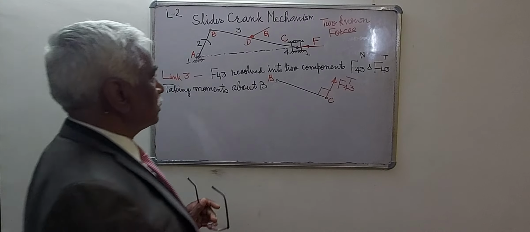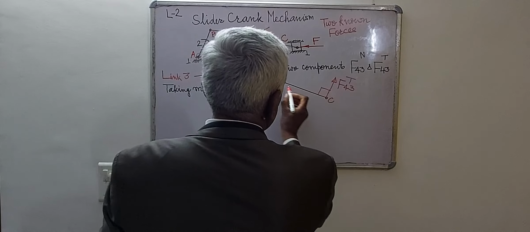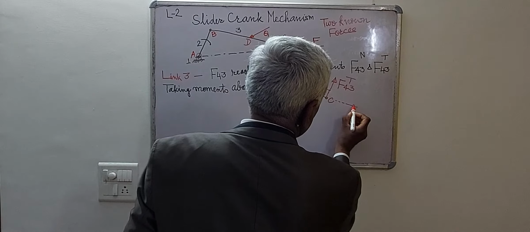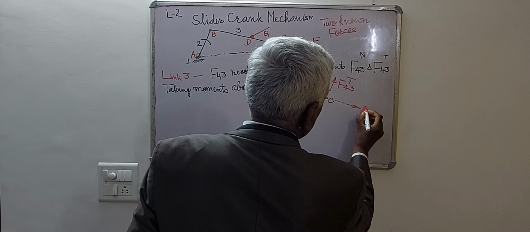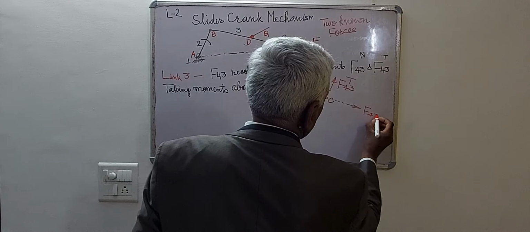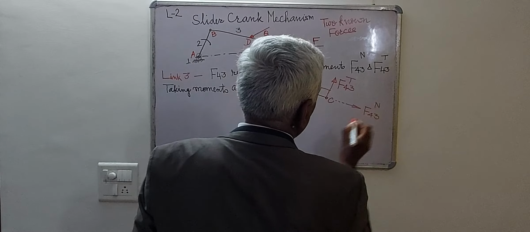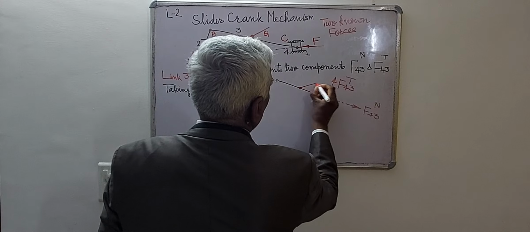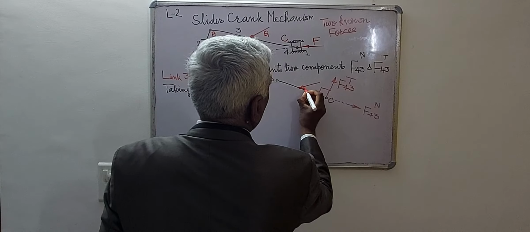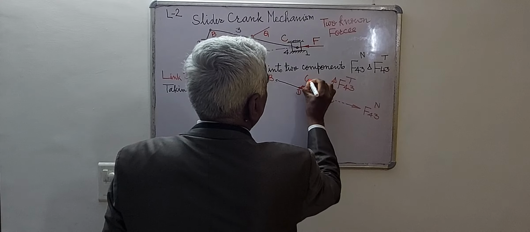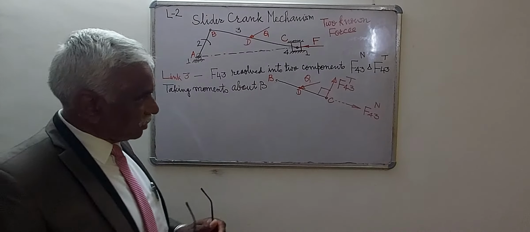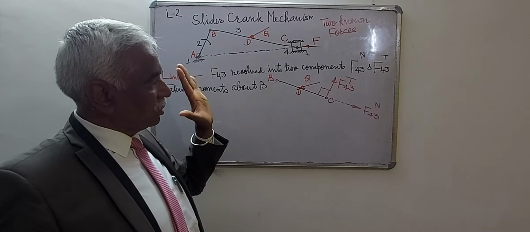One component is parallel to this line, and that force will be F43N. Already one force is acting, that is force Q. It is acting through point D. Q is known fully in magnitude and direction both.